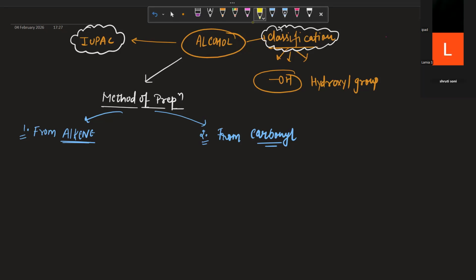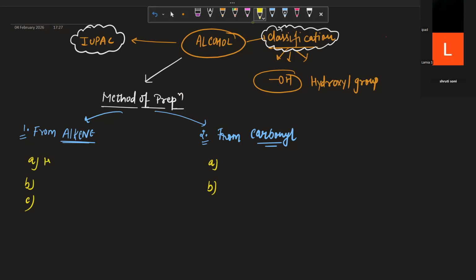What reactants are we using to prepare alcohol? In the first case we go with alkene, and in the second case we go with carbonyl group. After alkene, there are three methods we discuss: A, B, C.